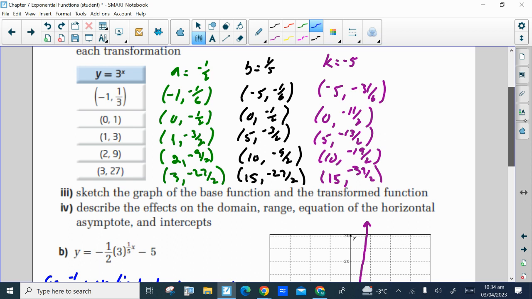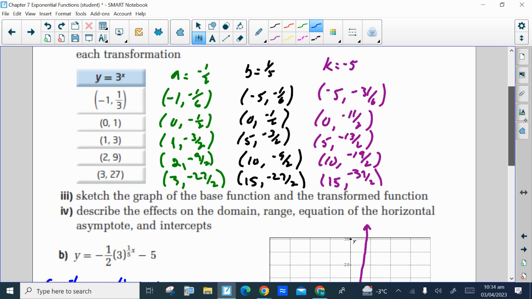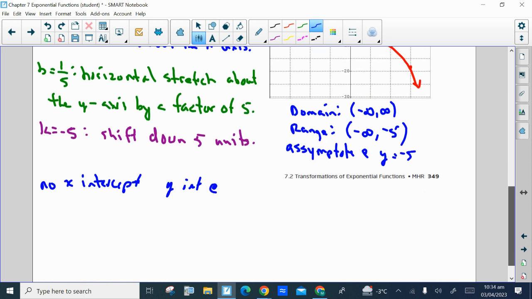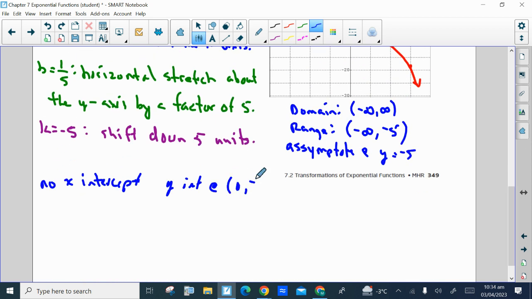Right? In our table, the y-intercept is where x is 0. That's the point 0 comma negative 11 halves. But remember, you can always find it by setting x to 0 and solving for y.